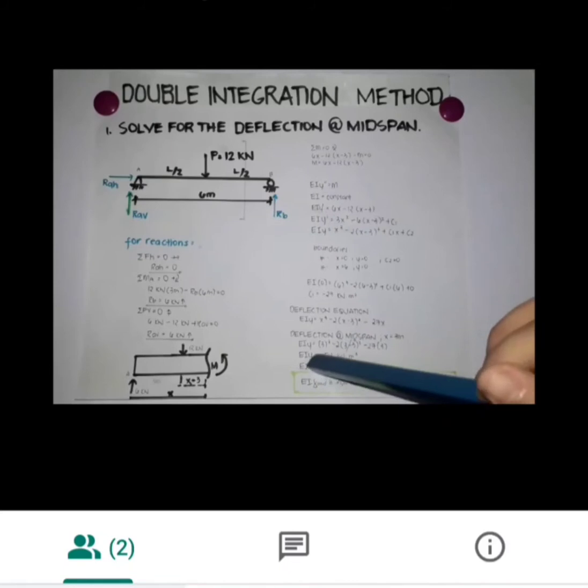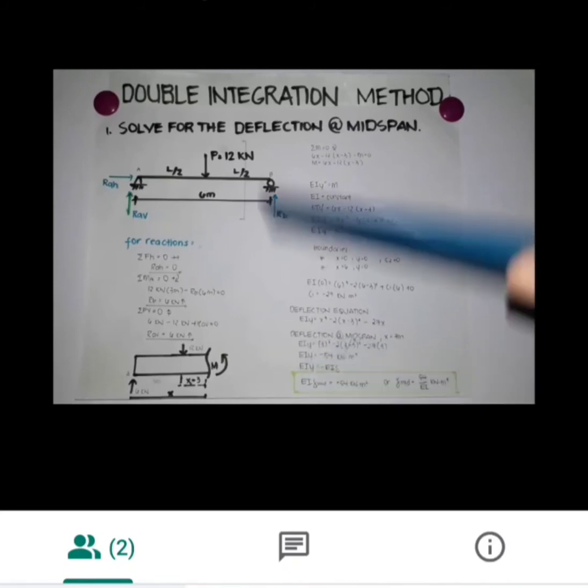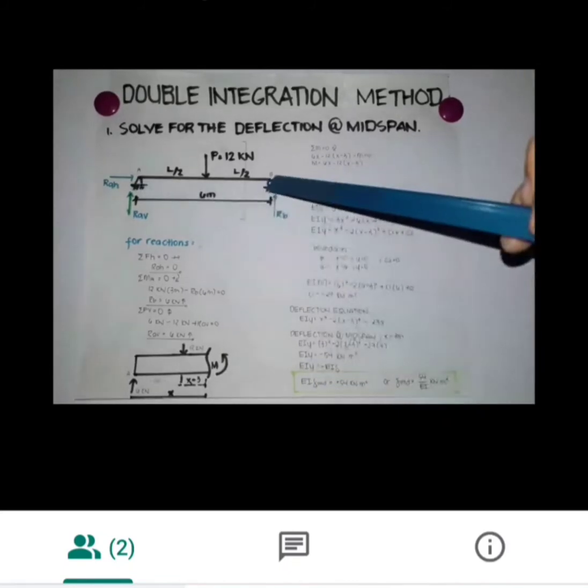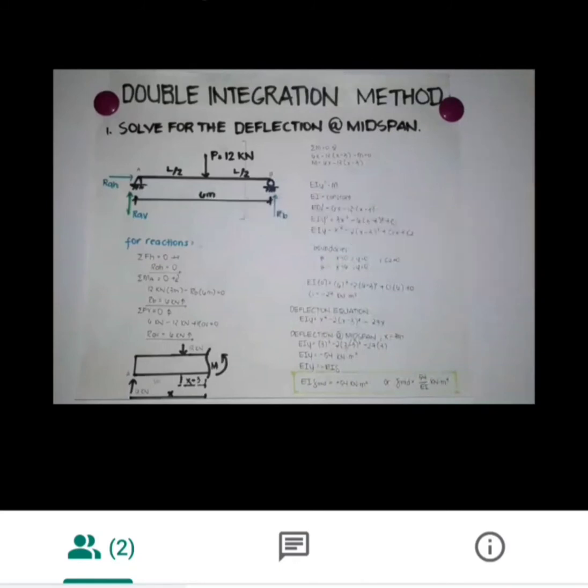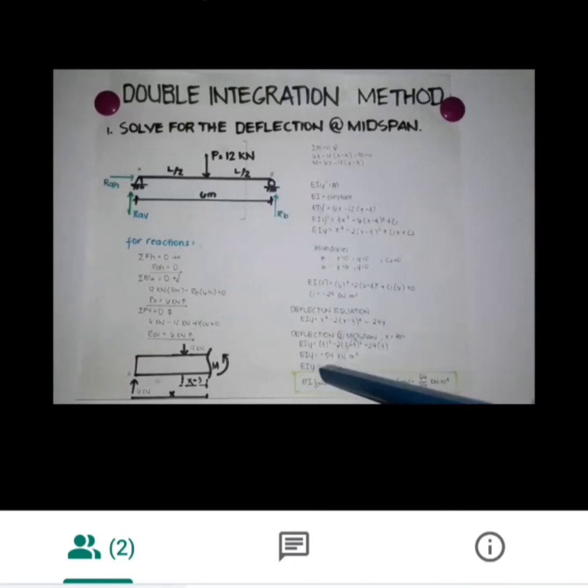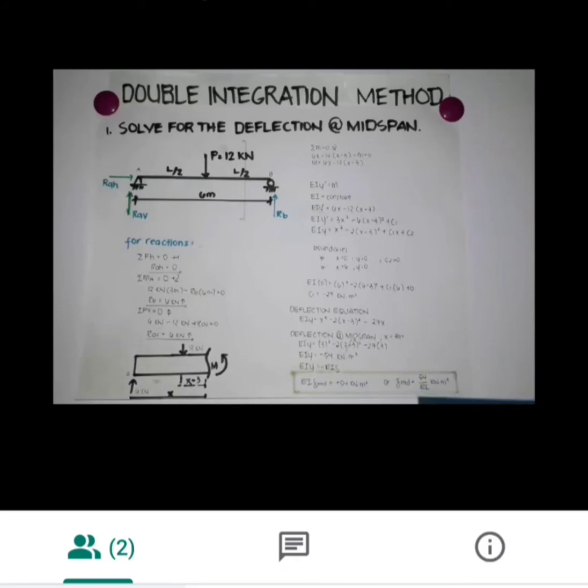Negative value kasi pababa yung magiging deflection. And pag in-arrange natin, EI deflection at midspan is equal to 54 kilonewton meter cube, or deflection at midspan is equal to 54 over EI kilonewton meter cube.